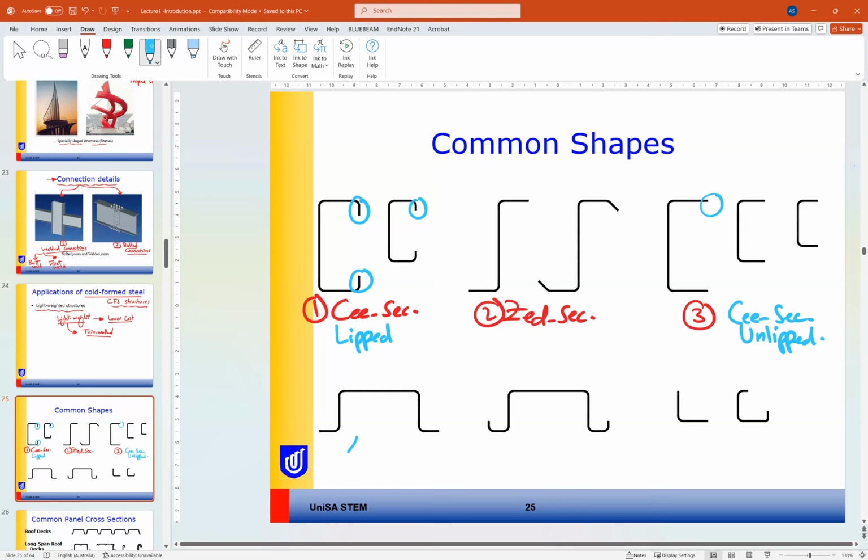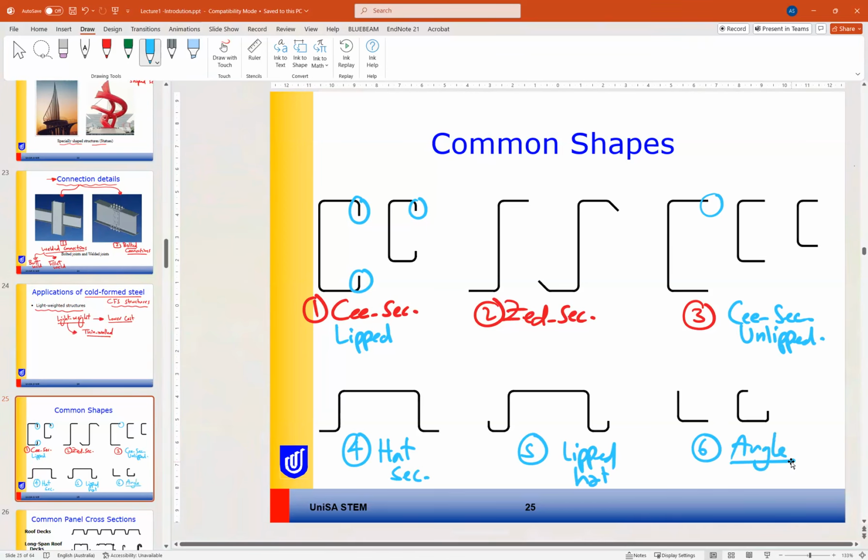Okay, and we have number 4, 5 and 6. This one is a hat section, and this one lipped hat, and this one is like an angle.